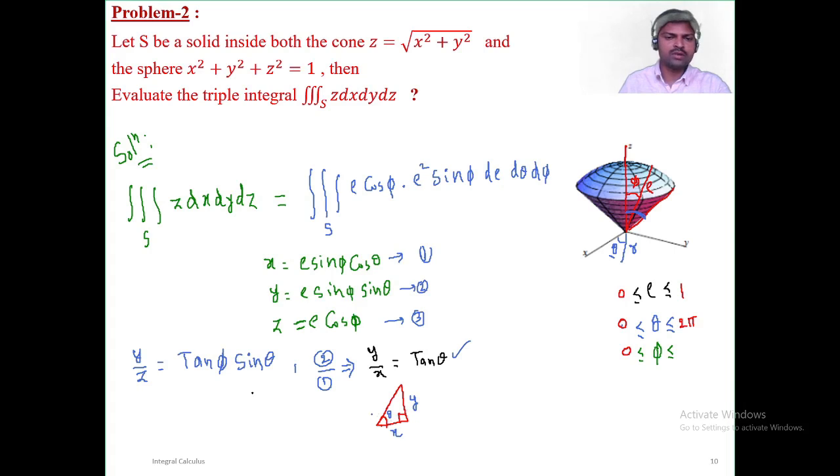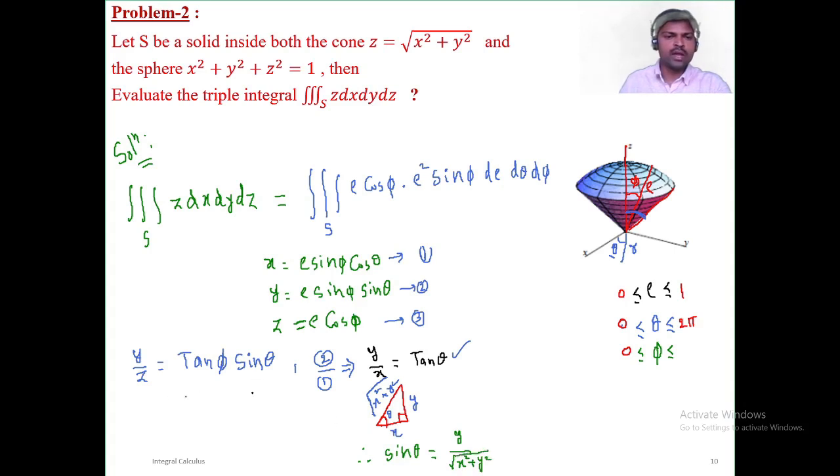Therefore, what is the hypotenuse value? By Pythagoras theorem, it is the square root of x square plus y square. From this I want sin theta. Sin theta is opposite side by hypotenuse, so y by square root of x square plus y square. So this is the sin theta value.